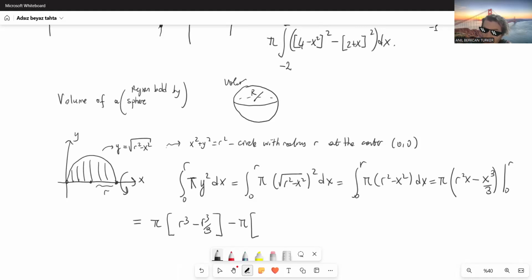When you put 0, everything is 0. Let's calculate this: r cubed minus r cubed over 3 is 2 over 3 r cubed, right? There must be something wrong, because the volume of a sphere is 4 over 3.